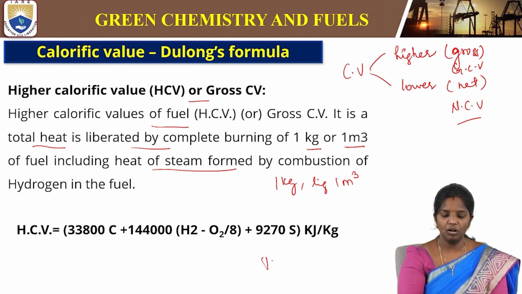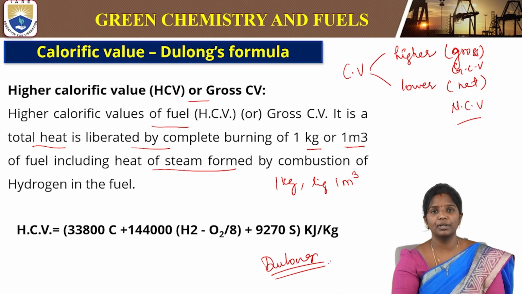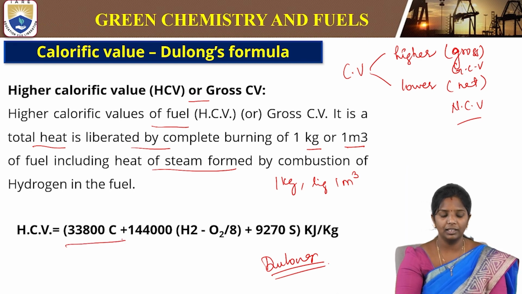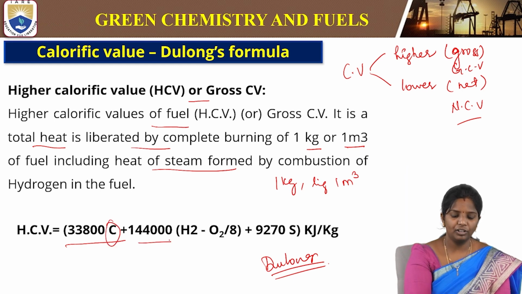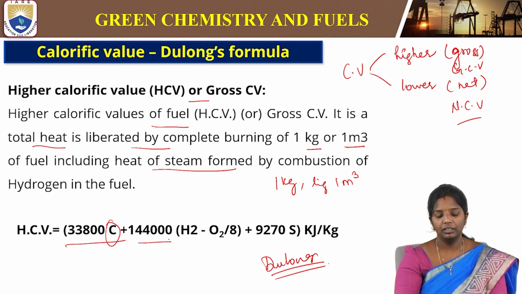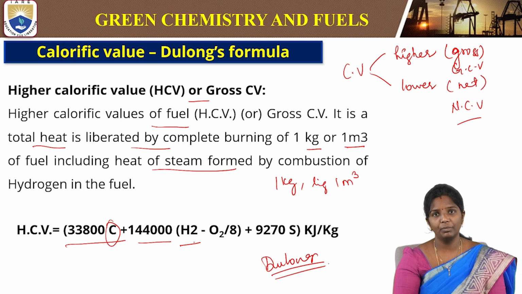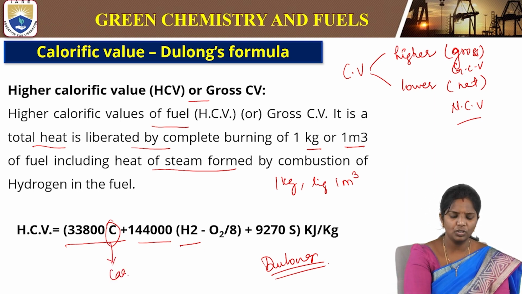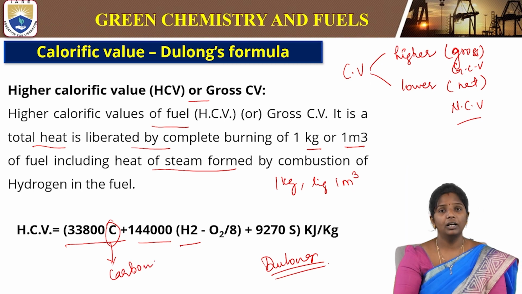Scientist Dulong proposed a formula after several experiments: GCV = 33,800 C + 1,44,000 (H minus O/8) + 9270 S, given in kilojoule per kg. Carbon, hydrogen, oxygen and sulfur are responsible for giving out the heat in a particular fuel.